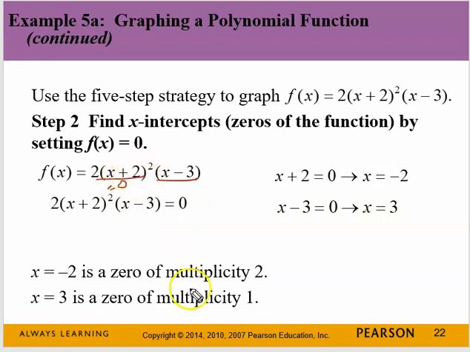And notice we get multiplicity because of the 2. And it's going to bounce off the x-intercept at -2. And then here it shows multiplicity of 1. So it's going to actually cross the x-axis at 3. All right, let's take a look at that. I'm kind of excited about this here.